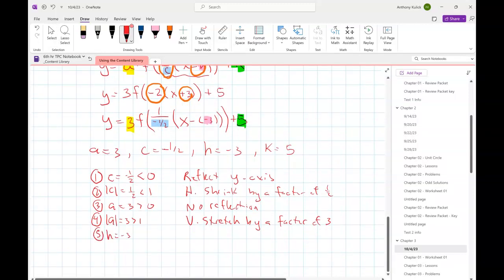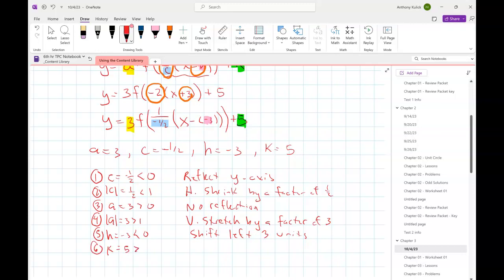My H is negative 3, which is less than 0, so I'm going to be shifting left 3 units. It's supposed to be a 6. And because my K is 5, which is greater than 0, that's going to be shifting up 5 units.